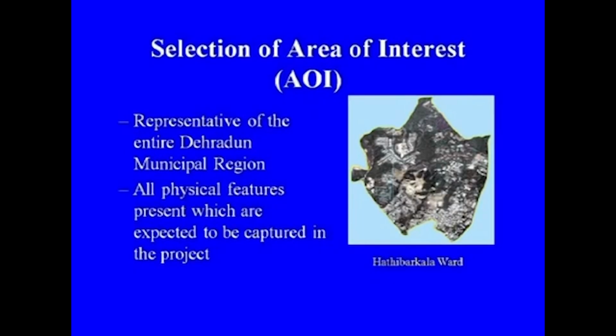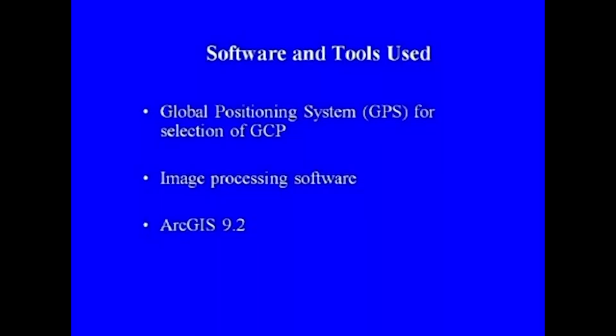This slide shows the location map of Dehradun region and subsequently the Hathi Barkala ward. The area of interest was selected because it is representative of the entire Dehradun municipal region. All physical features which are expected to be captured in the project are available in Hathi Barkala block. In order to prepare the property tax assessment and other information, some software and tools were used.